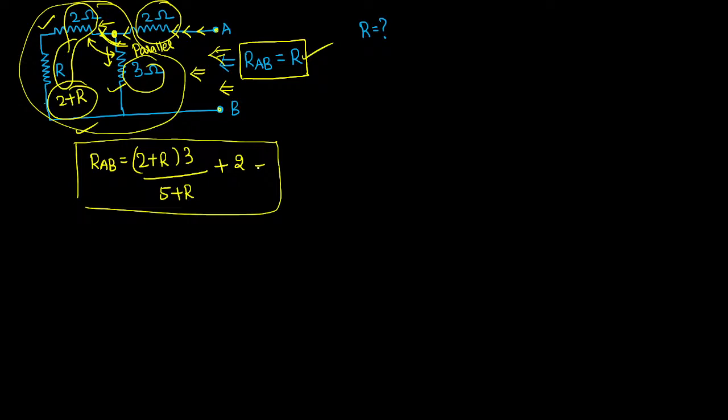இந்த total RAB ஓட வேல்யூ தான் equal to again R அப்படின்னு கொஸ்டின்ல கொடுத்திருக்காங்க.